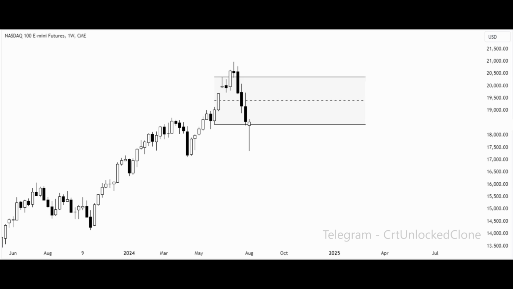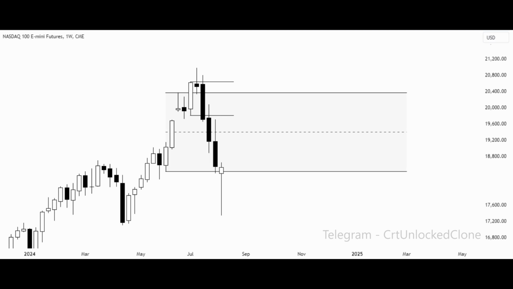Now another thing you can see right here is this monthly candle CRT, right? If you look at it closely, then you'd see that it was purged with this big bulky candle. The monthly candle high was taken out with this weekly candle, and now that weekly candle in itself could be treated as a CRT, because that candle purged a higher time frame CRT, and it's a big one, right?